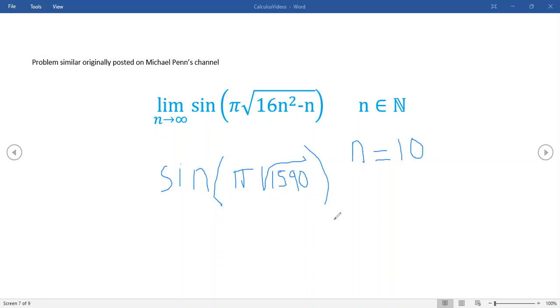You end up with approximately minus 0.38. See what we got here. 0.3825.